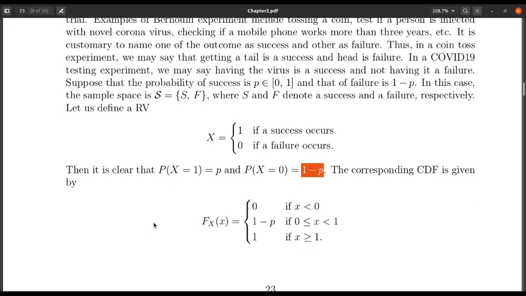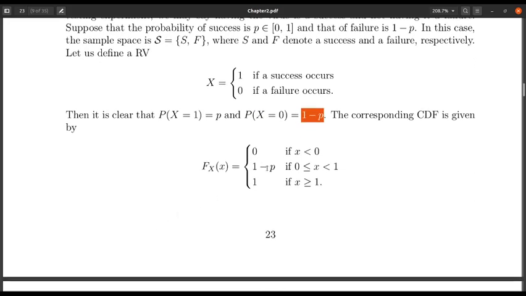So in this case, the distribution function can be written in this form. If x is negative, the probability that capital X is less than or equal to small x will be 0, because capital X cannot take any negative values.